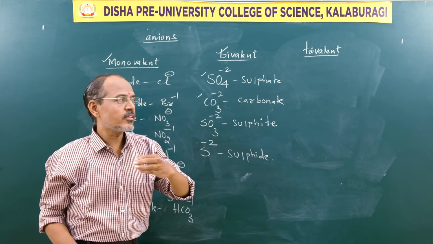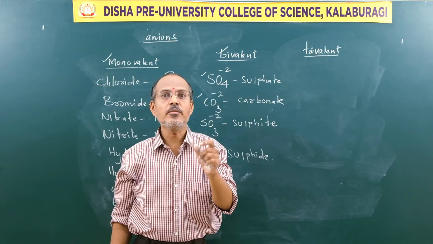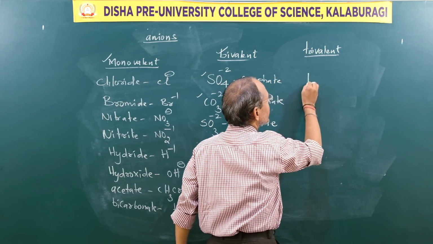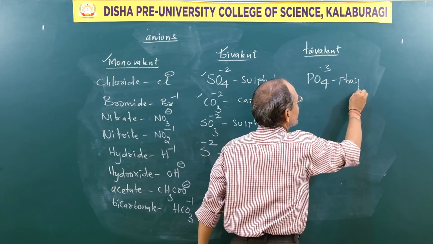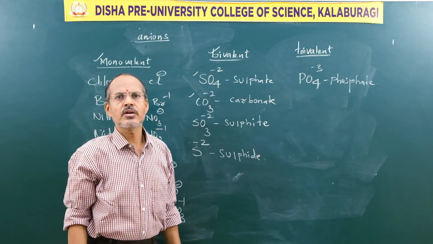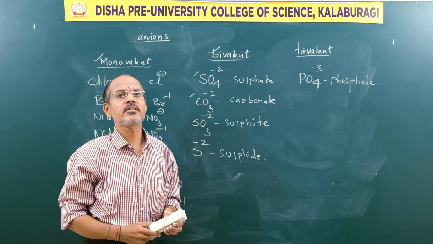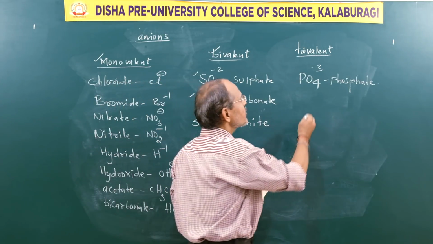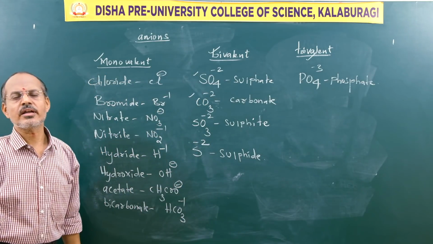That's why as the number increases, the number of species formed will always be less. So therefore, trivalent, you can take the example of phosphate. Okay, so that is trivalent. Tetravalent, you can take the example of carbon, C minus 4, but it is rare. Okay, so that is about the trivalent, bivalent and monovalent.